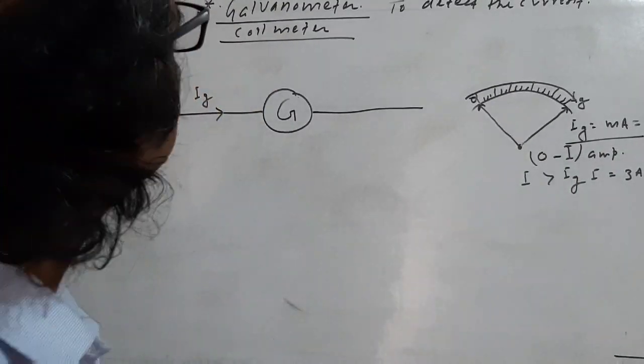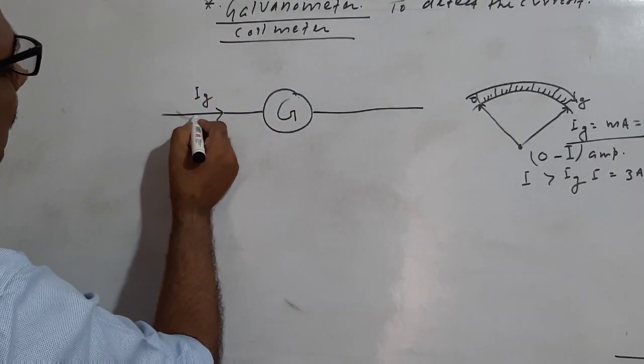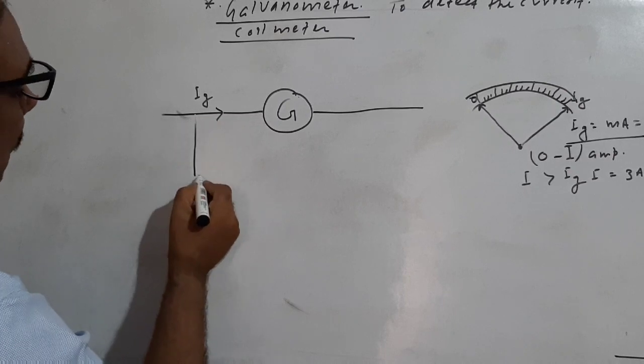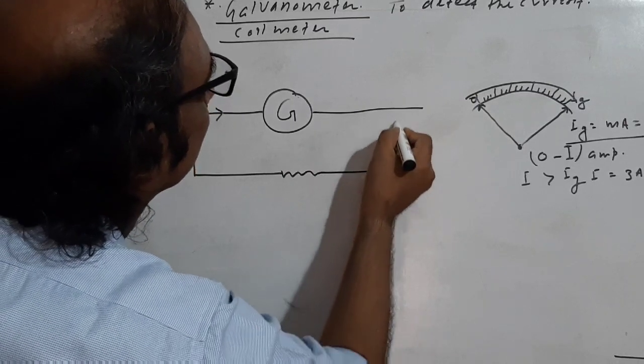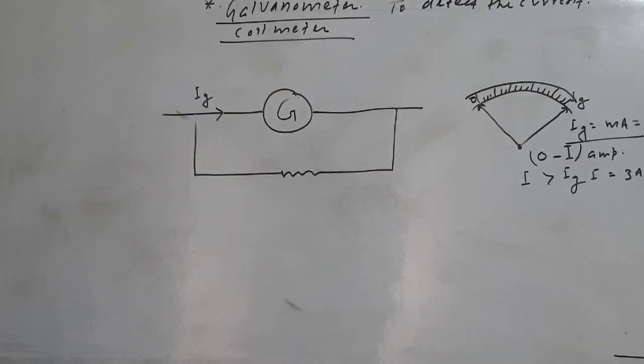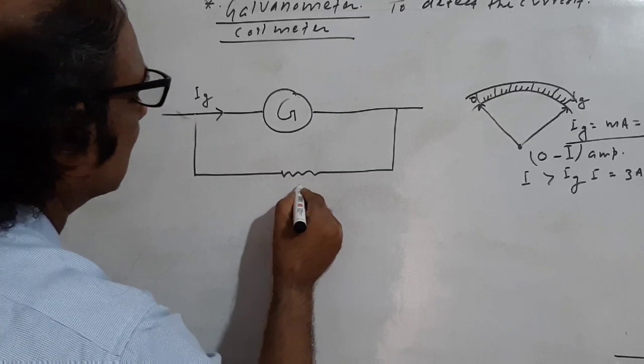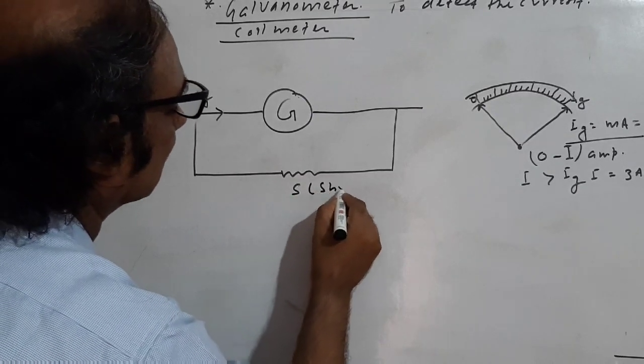For this, a low resistance is connected in parallel with the galvanometer, and this low resistance is known as the shunt.